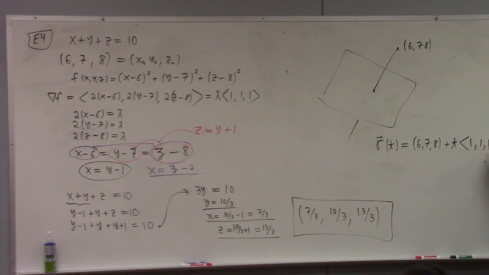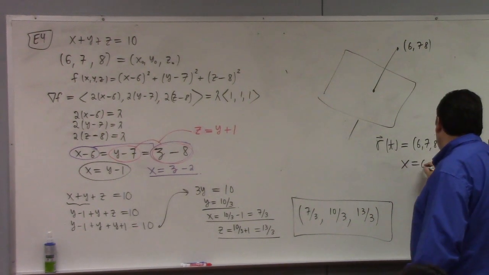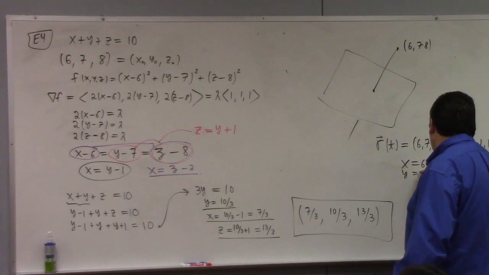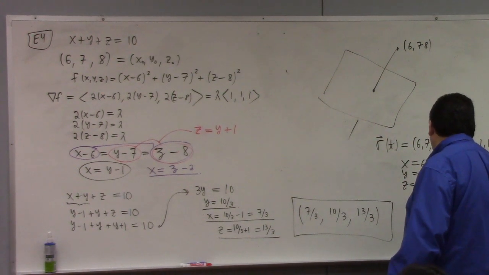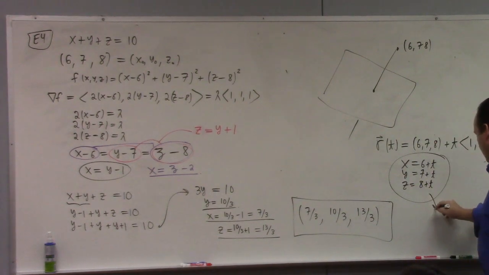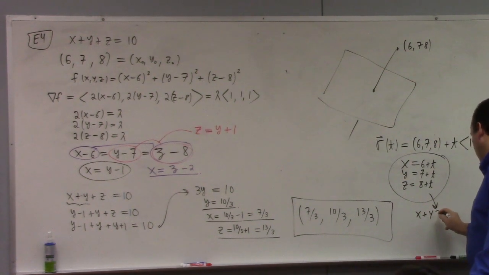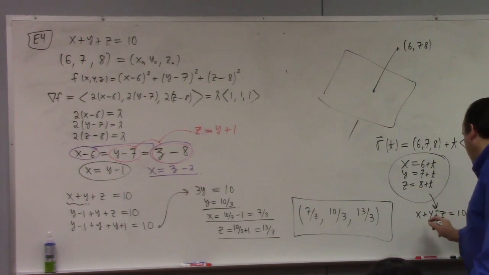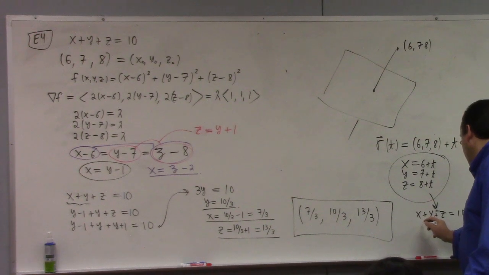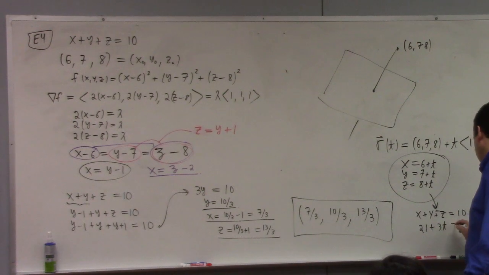See, and if you do that, that just gives you x is 6 plus t, y is 7 plus t, z is 8 plus t, and then you just take these and you shove them into the x plus y plus z equals 10 formula, and that gives you 6 plus 7 plus 8, which is 21, plus 3t equals 10, which gives us t is equal to minus 11 over 3.